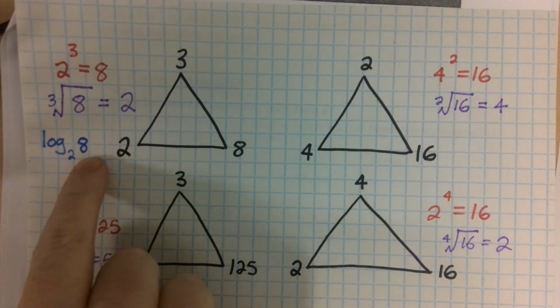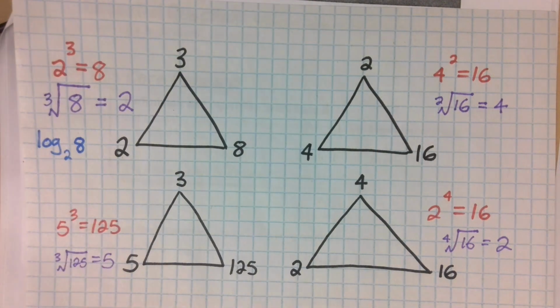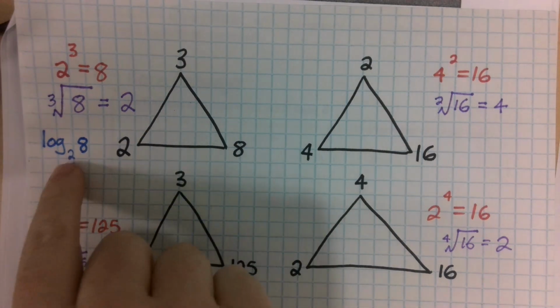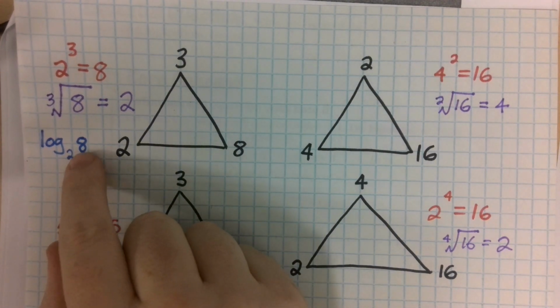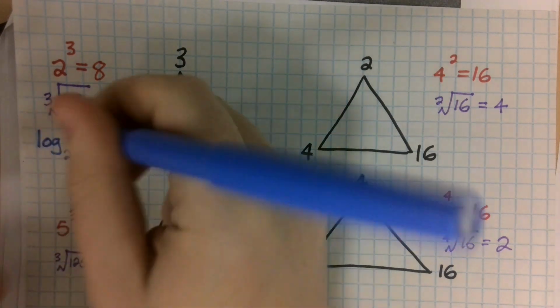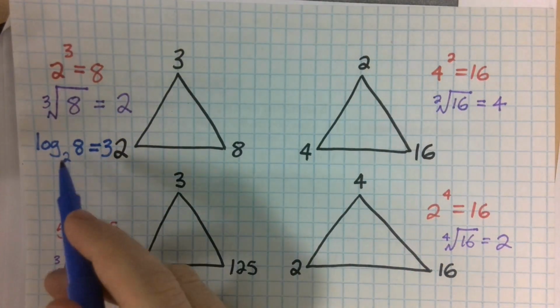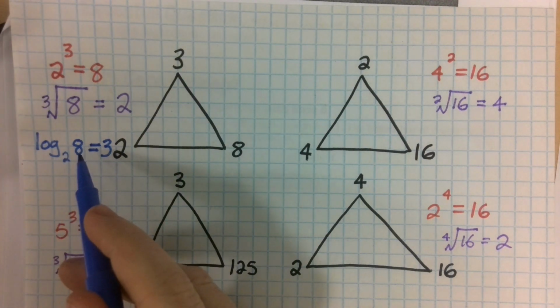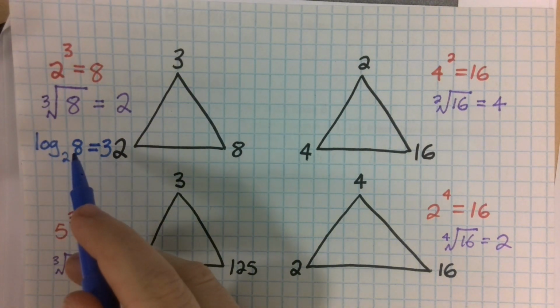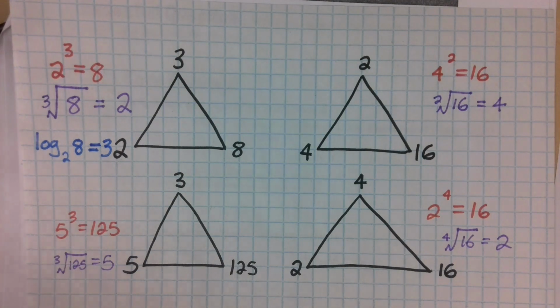Log base 2 of 8 in English words is 2 to the something power is going to equal 8. And that something is 3. 2 to the third power is 8. So log base 2 of 8 equals 3.